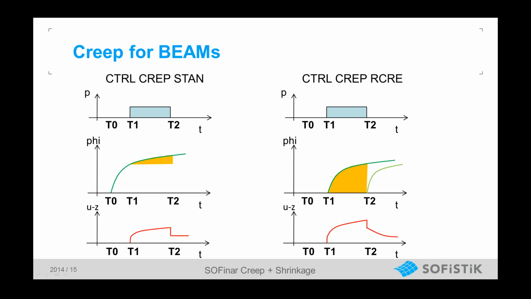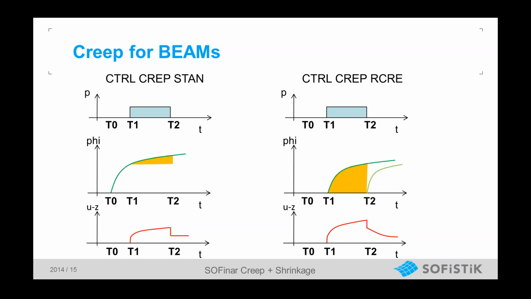This now larger yellow area represents the phi value. And then at time T2, we start unloading our system. And what happened now is, at T1, we have exactly the same linear elastic deformation. Then we have an increase of the deformation based on the creep effects. At T2, we unload our system.